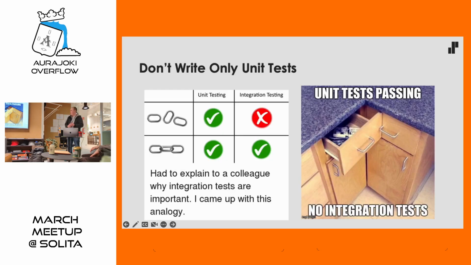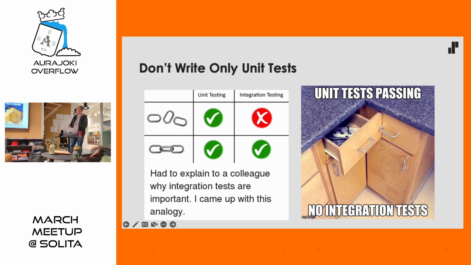So, are we happy with unit tests? Probably not. There are 2 nice pictures about unit tests. For example, about the chain: all the links on the chain are intact, so unit tests are passing, but the chain itself isn't working very well, because there are no integration tests for it.